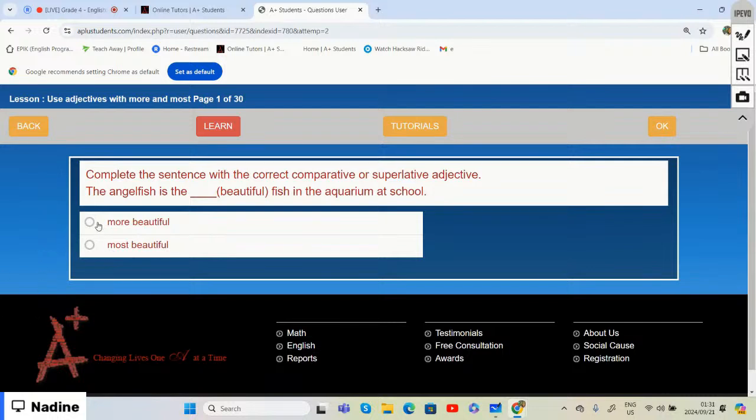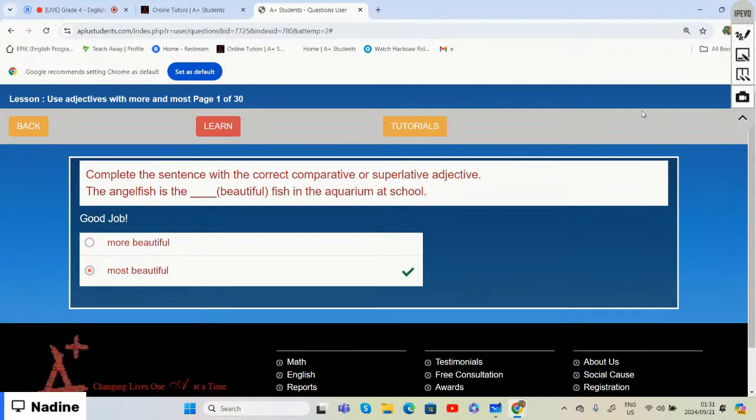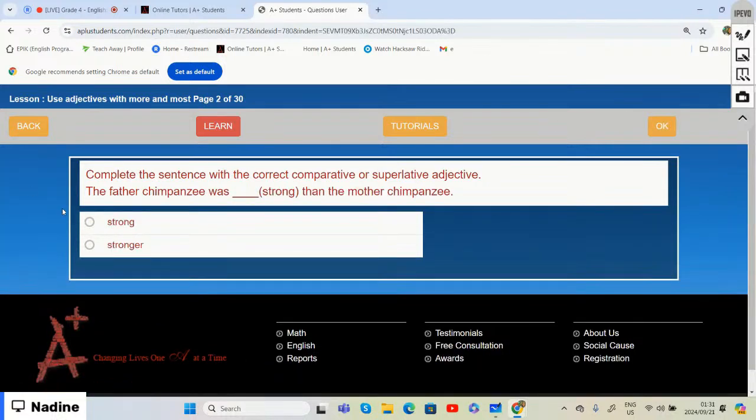All right, so we can say the angelfish is the most beautiful fish in the aquarium at school. So option two is correct. Well done.